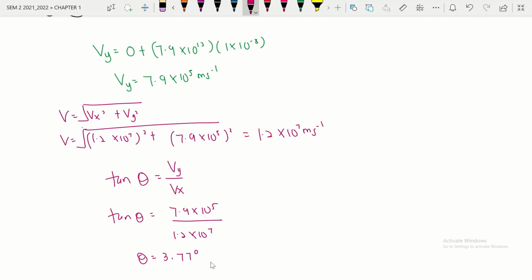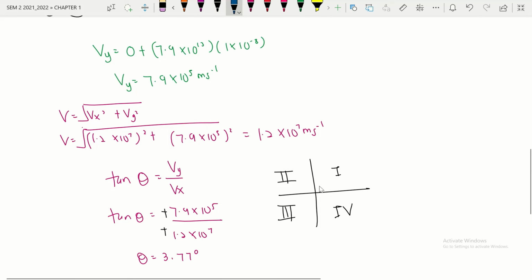Okay, but we are not done yet. So where the angle is located? So the angle is located, okay, draw your quadrant. You have first quadrant, second quadrant, third quadrant and fourth quadrant. Okay, now look here. So both Y and X component adalah positive. So bila dia positive, it will be in first quadrant.